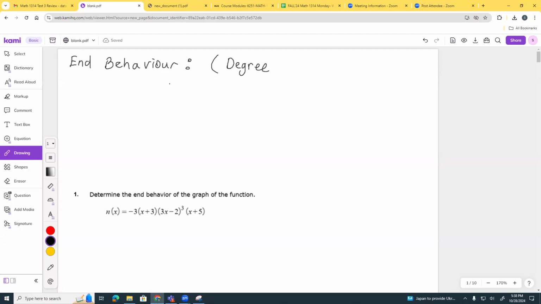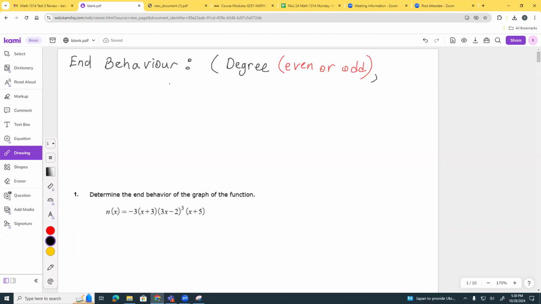When we say the degree of the polynomial, what are we interested in? We check if the degree is an even or odd number, right? So we have to check if the degree is an even number or an odd number. That's one thing we have to check.